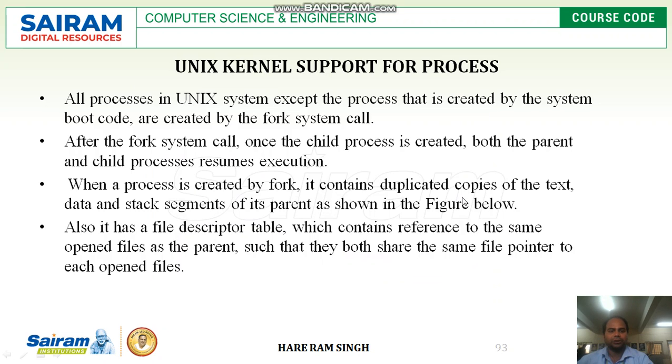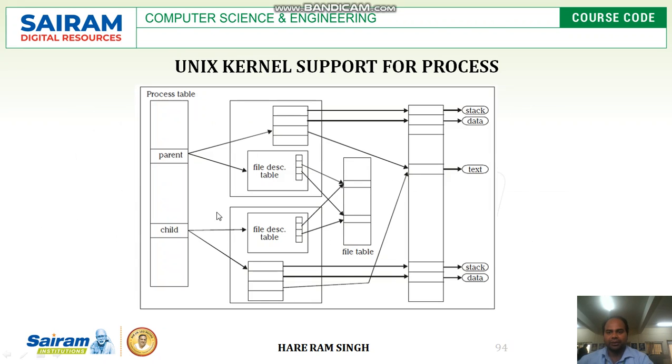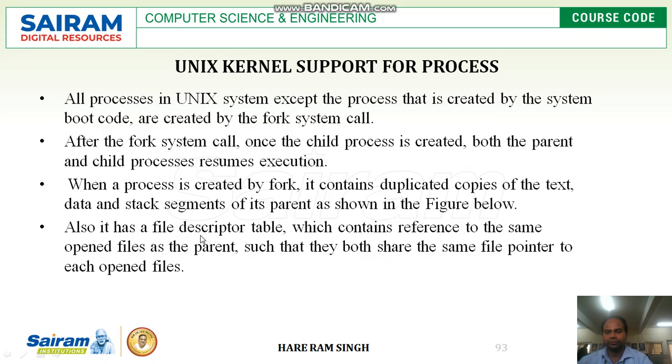When a process is created by fork, it contains duplicate copies of text, data, and stack segment. You can see that when a child process is created, it gets a copy of the stack segment, data segment, and text segment.